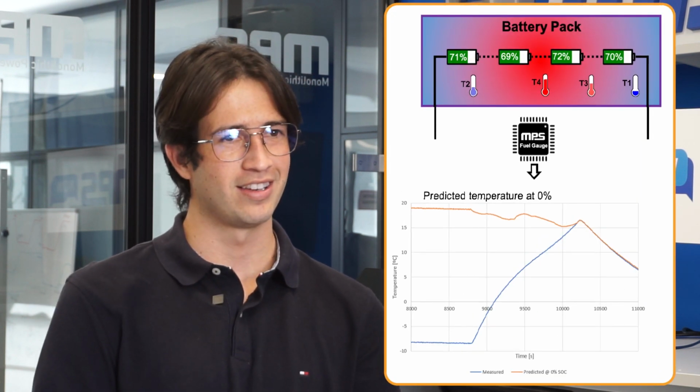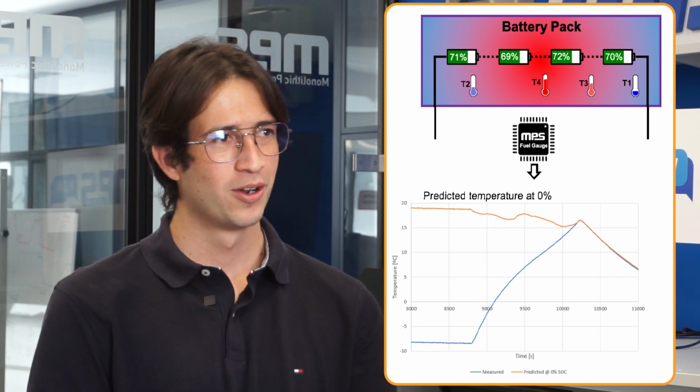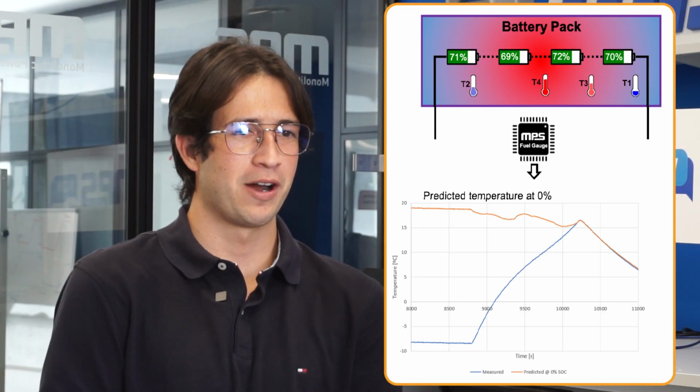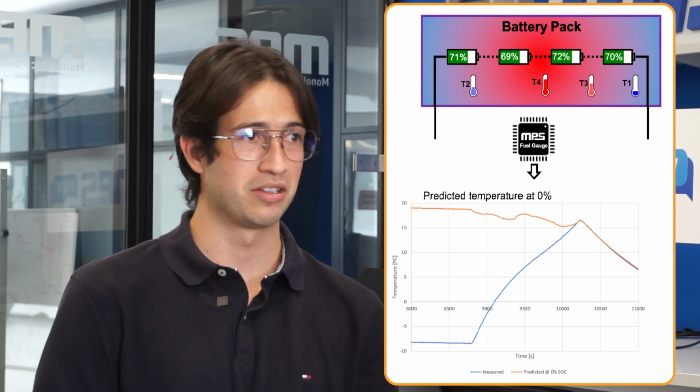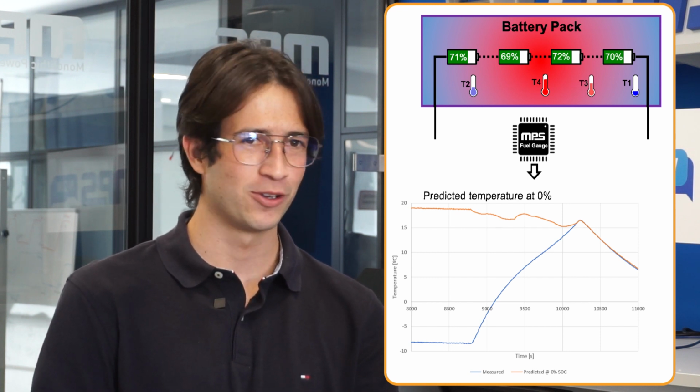For example, if you do it at 25 degrees, but you are riding an e-bike in the winter at 10 degrees, or 0 degrees, or in the summer with the same bike at different times, at 25 degrees maybe the state of charge is really good, but at 0 degrees I can assure you that it's not going to be that accurate.